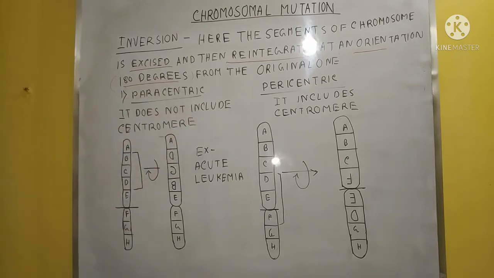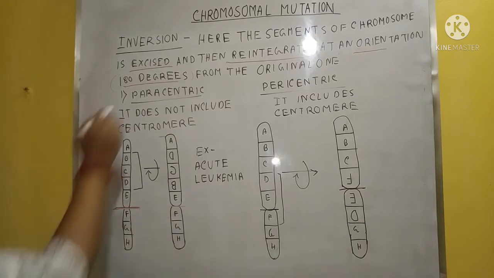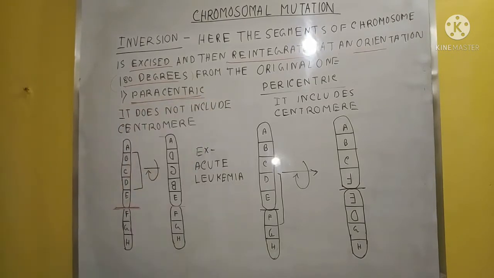In the case of paracentric, you see the centromere is the place that joins the sister chromatids. The inversion is possible in the B, C, D segments, not here. So the centromere is not included, that means it is the paracentric inversion.